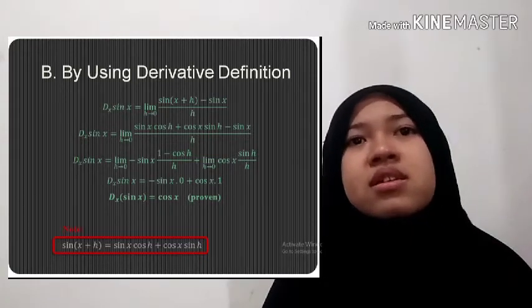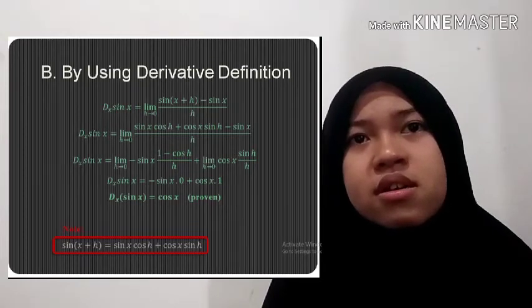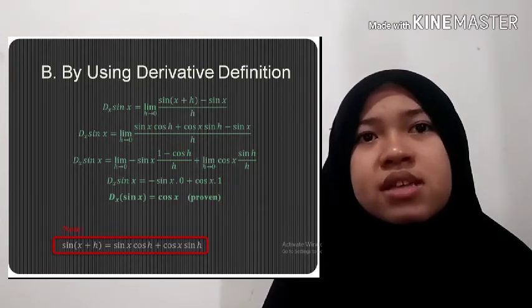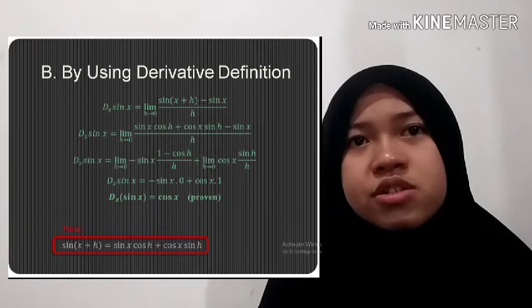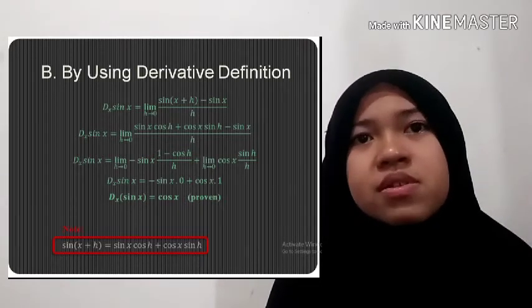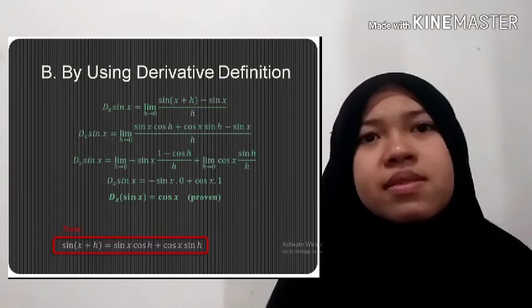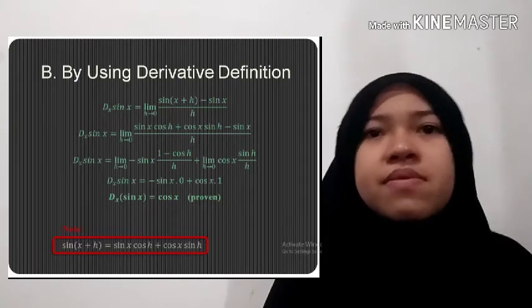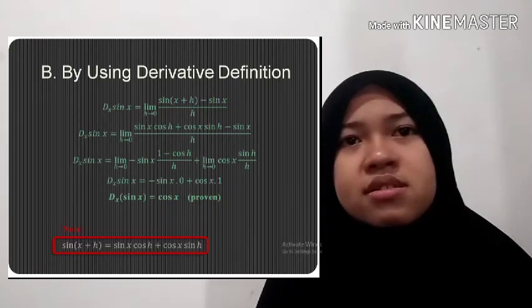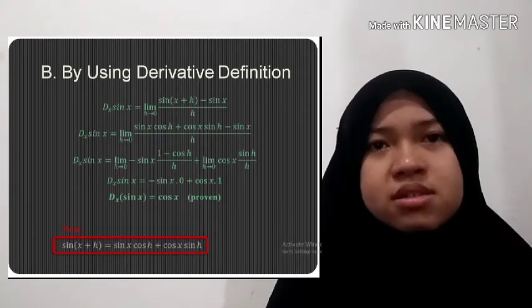And then by using the addition angle formula of sine, we get sine of (x plus h) is equal to sine x cosine h plus cosine x sine h. And then we simplify it, we get the derivative of sine x is equal to cosine x.